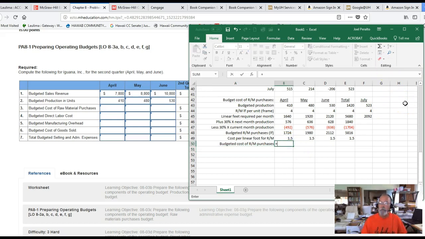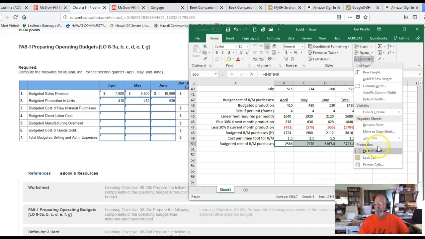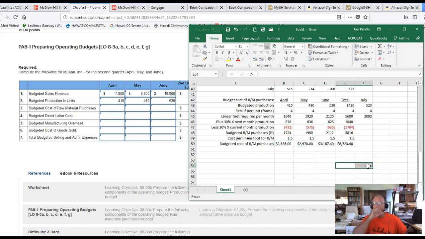So let's see, plus times 8723.4. I didn't want currency there.